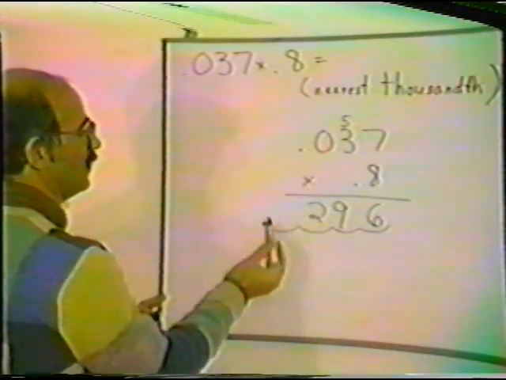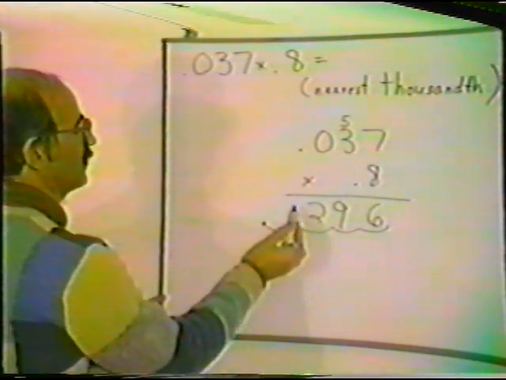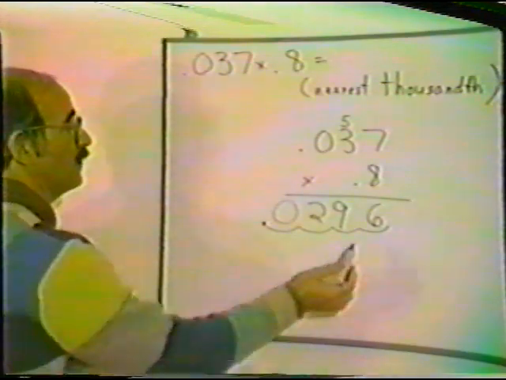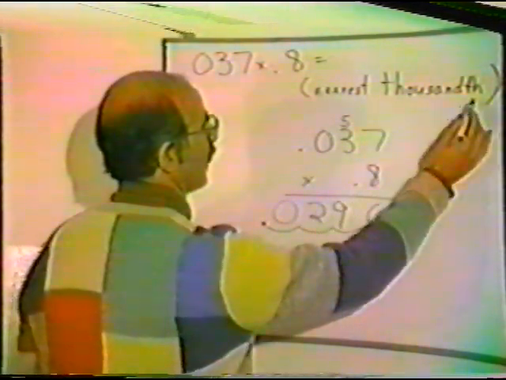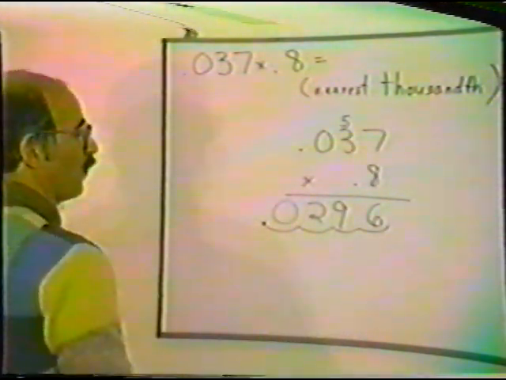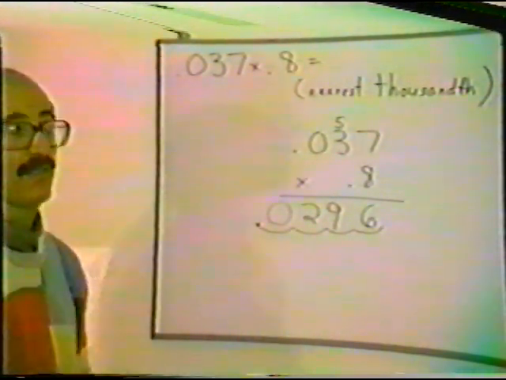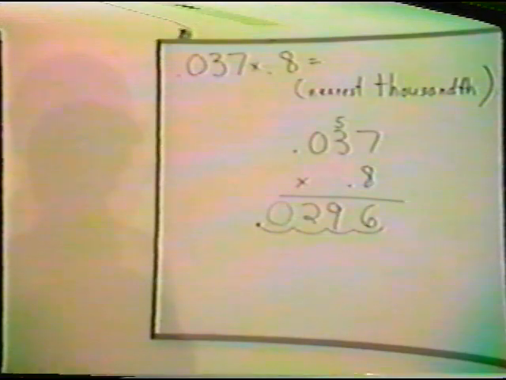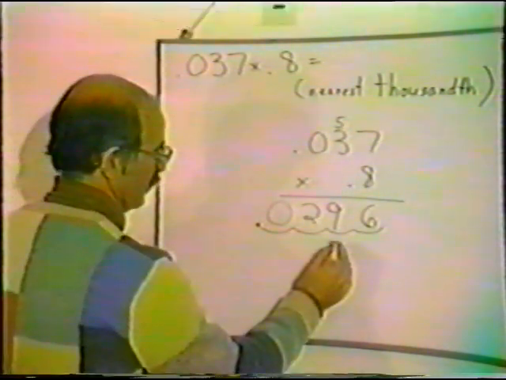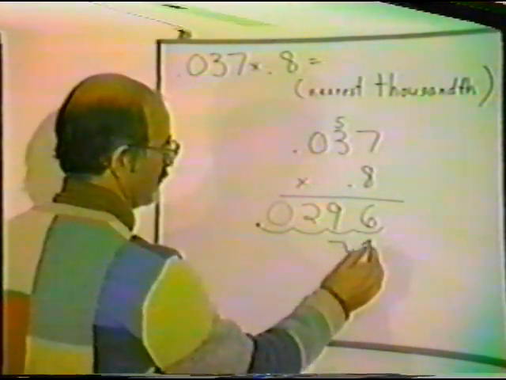And what do I put in this empty place? 0. Now I have to round it off to the nearest thousandth. Which number in the answer is in the thousandths place? 9. And so we point to the 6.